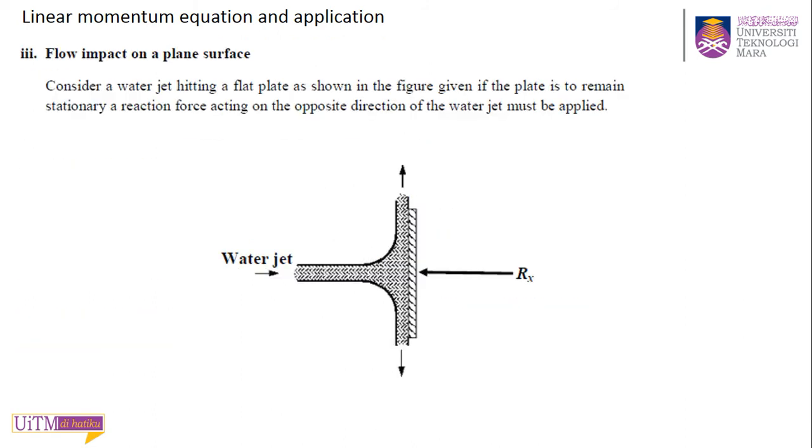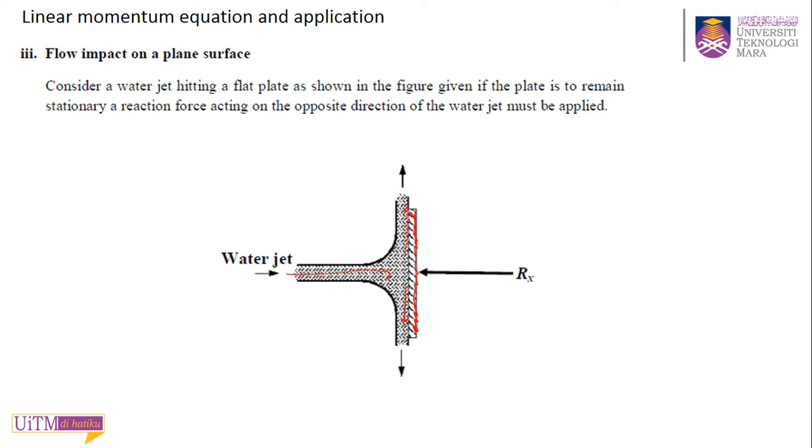Okay, the third application is the flow impact on a plane surface. So you have a plane surface yang ni, and you have a water jet hit this plane surface. So this flow impact hits this plane, and this water will split lah. Ada ke atas, ada ke bawah kan. Selepas dia hit that plane, then the water will split.